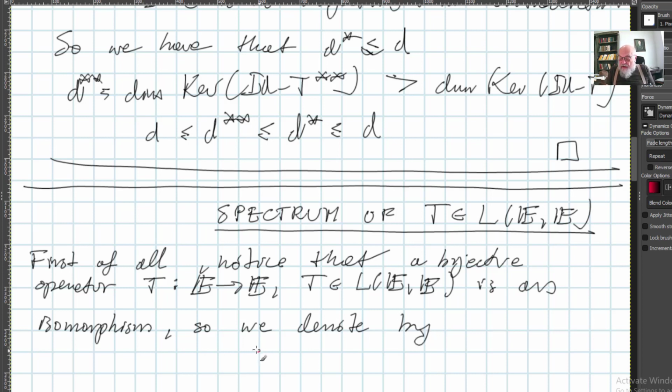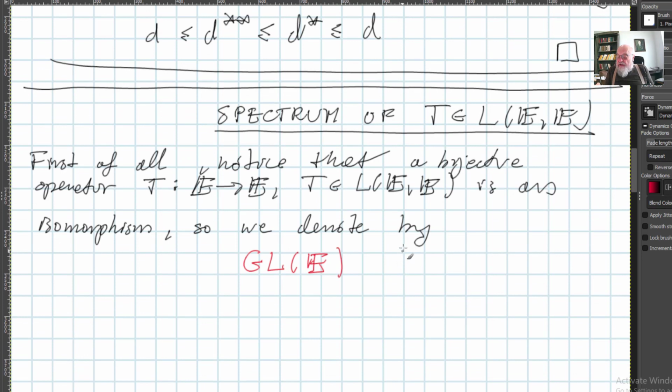by the symbol, and this is a symbol that actually is standard, GL(E), and I will explain why it is called GL(E). We could also write it down like ISO, actually, for two different spaces.